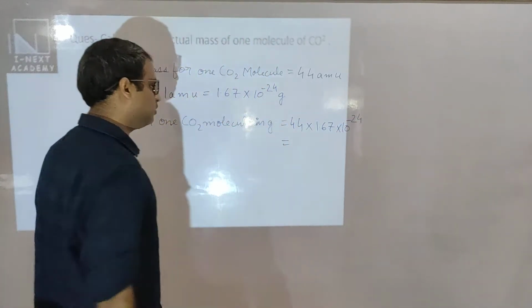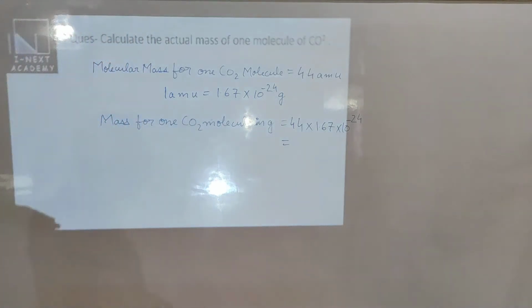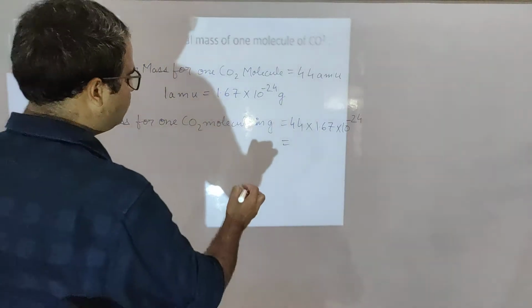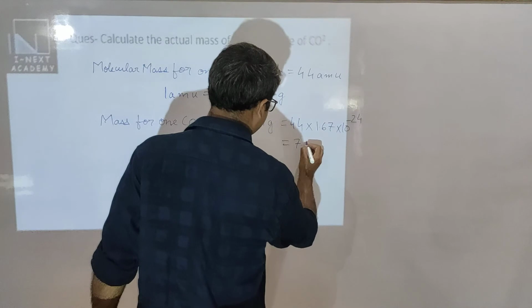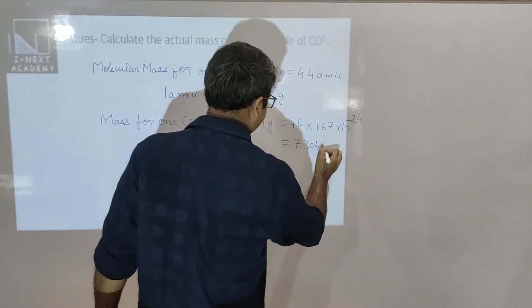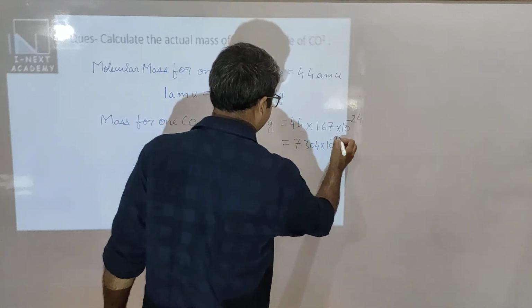If you solve this, it will give you 7.304 into 10 to the power minus 23 gram.